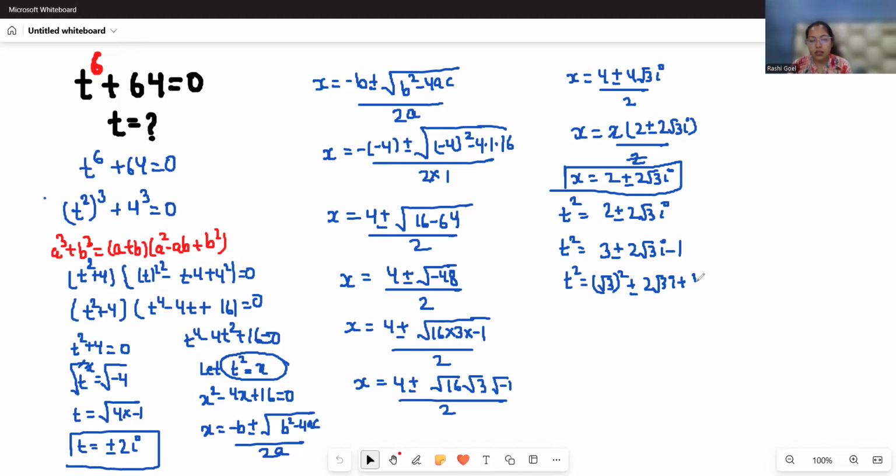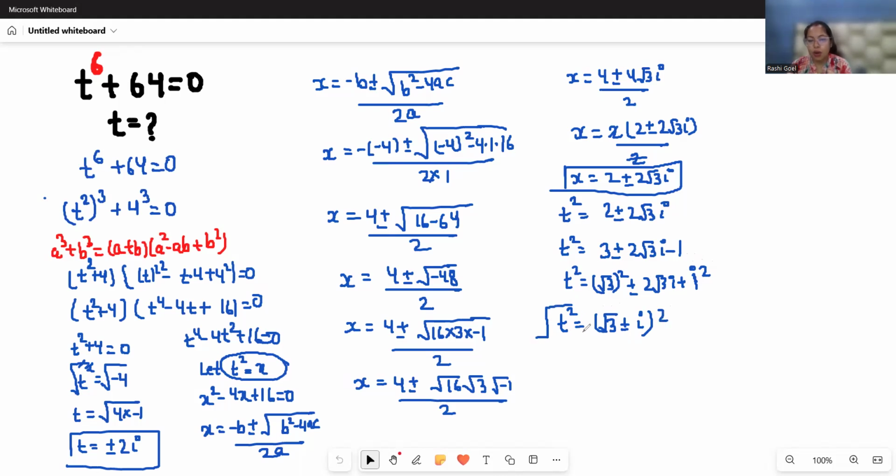I can write this as (√3)^2 ± 2√3 i + 1, and 1 as 1^2. Here -1 we can write as i^2 as well. So it becomes t^2 = (√3 ± i)^2.